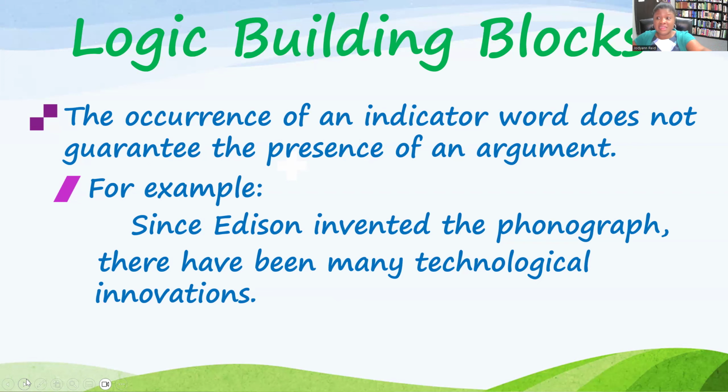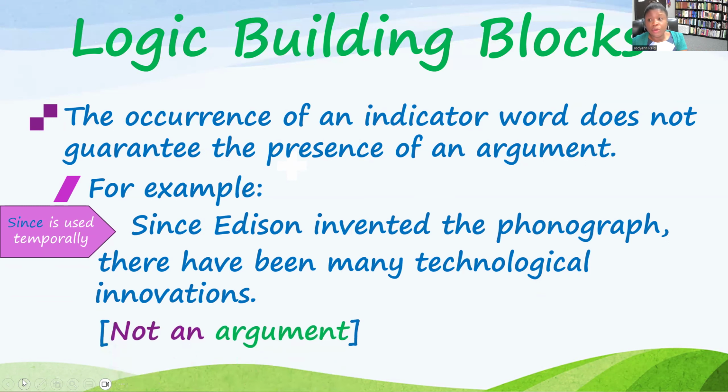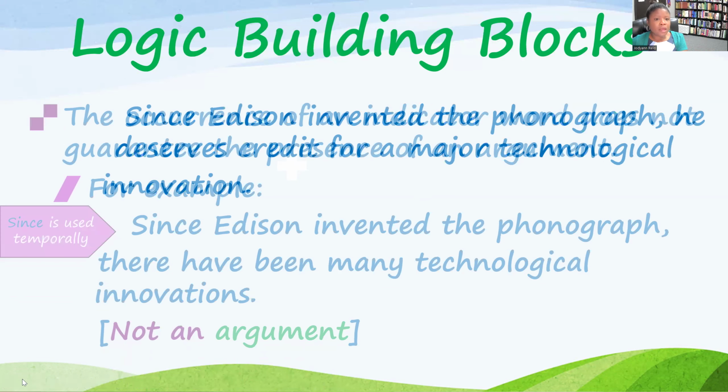You see the since, remember we talked about what the indicator words could be, and you see since there, but that doesn't mean that this is an argument, because in fact, this is one sentence. This is one statement. So since is used not as an indicator word of a premise, it's just used to describe time. So it's not an argument.